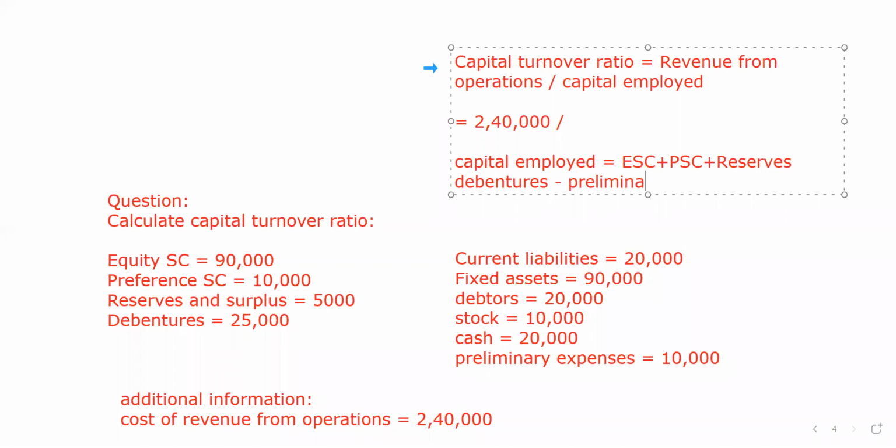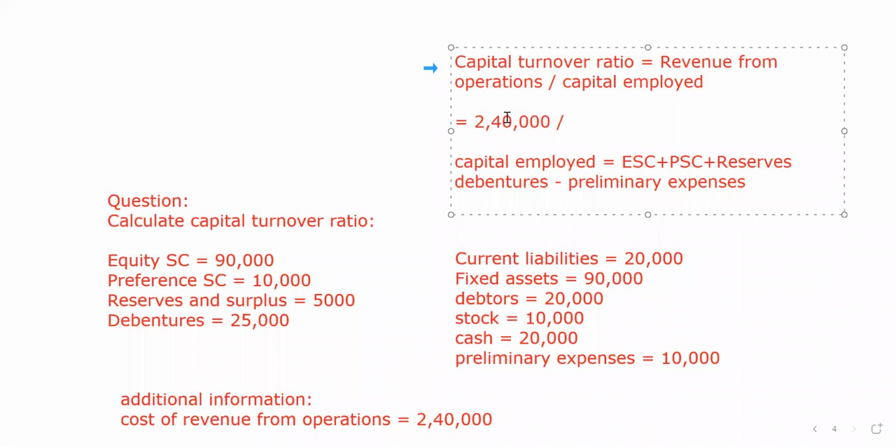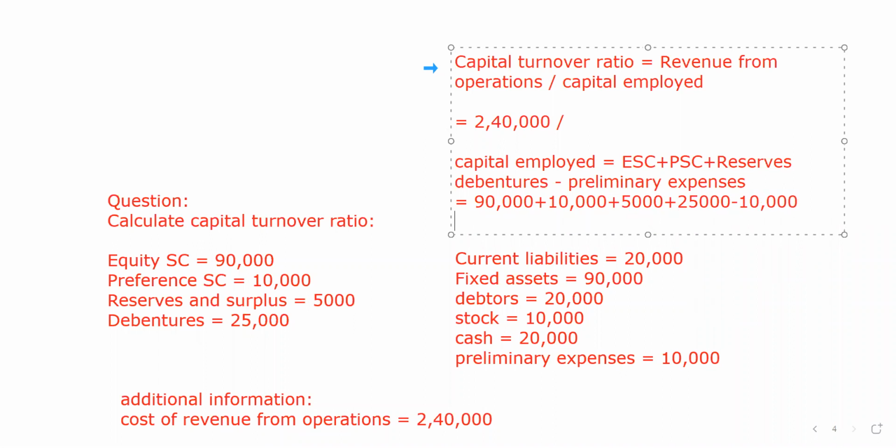So we need to deduct preliminary expenses. Okay. So equity we have 90,000. Preference we have 10,000. Reserves we have 5,000. Debentures we have 25,000. Minus preliminary expenses we have 10,000.